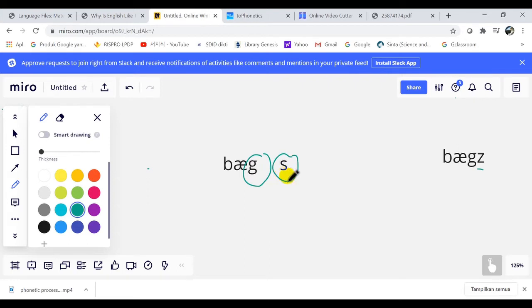So we change the voiceless s into z because z is voiced, so it becomes "bagz." It happens also in other situations, like addition of s or addition of the -ed ending. So all are progressive assimilation.